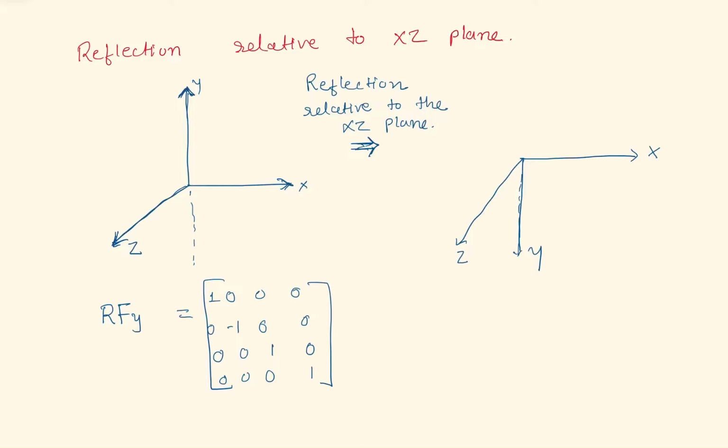So here we take minus 1 for y. This is the reflection matrix relative to the XZ plane.